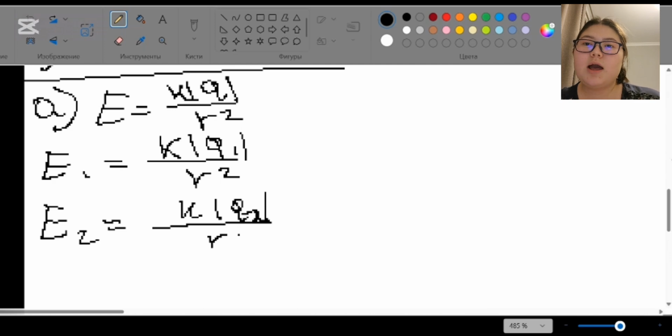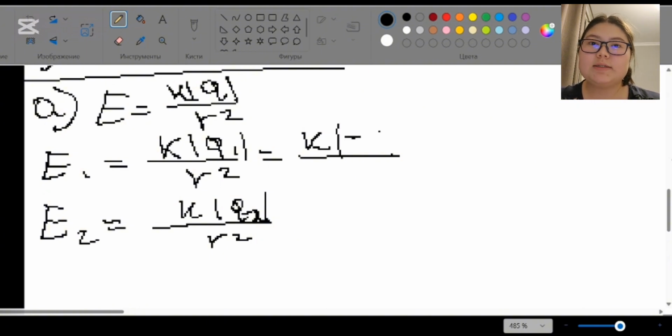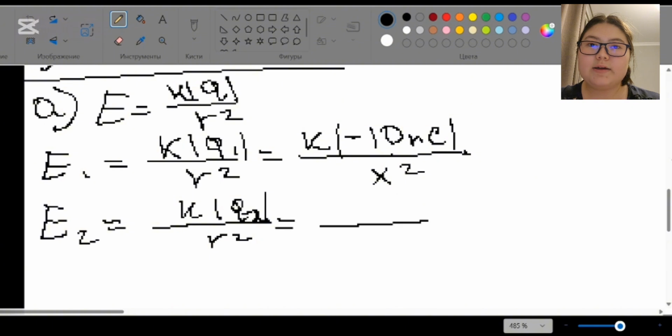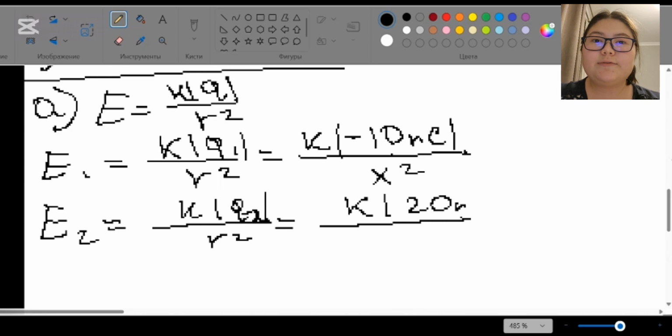Since they're 15 centimeters apart, let's write the first distance as just x squared, and the second distance as x plus 0.15 squared.